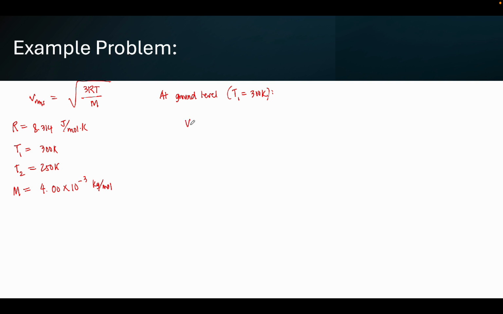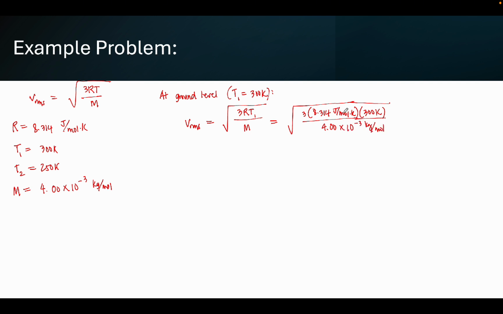So to solve for the root mean square speed, it is equal to the square root of 3RT1 over M. So we have the square root of 3 times 8.314 joules per mole times Kelvin times T1 is 300 kelvins divided by M, or 4 times 10 to the negative 3 kilograms per mole.